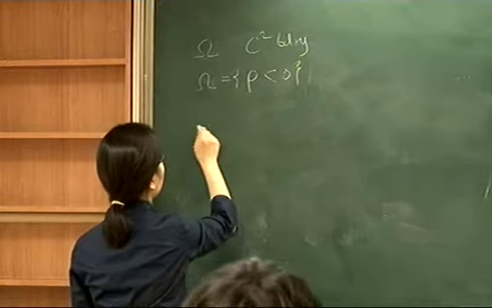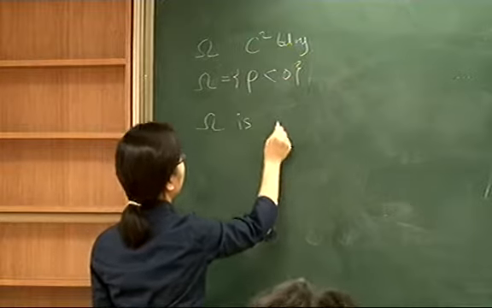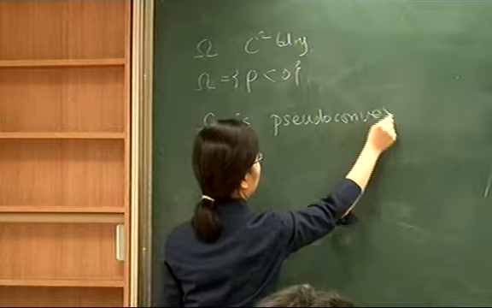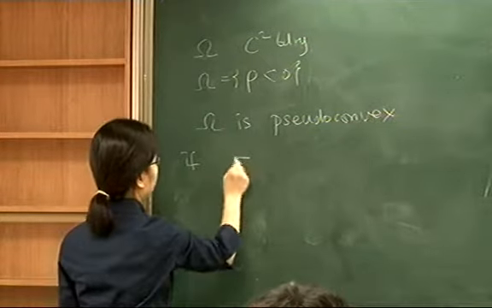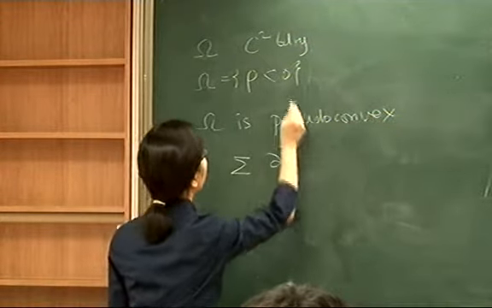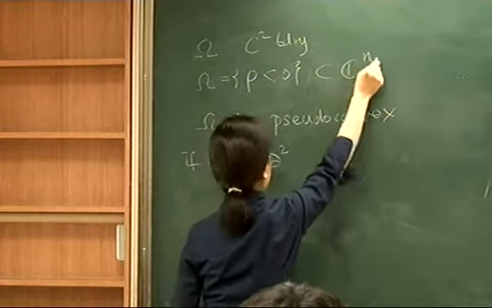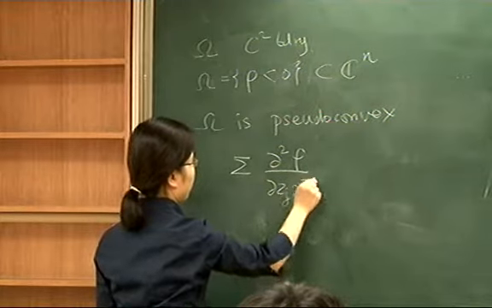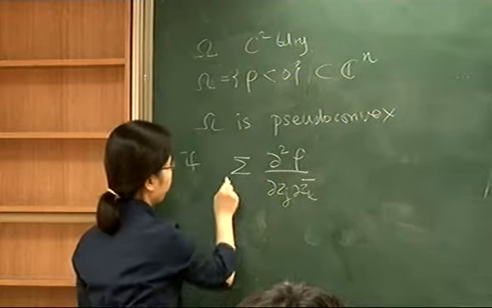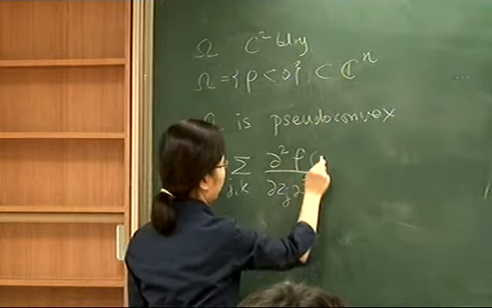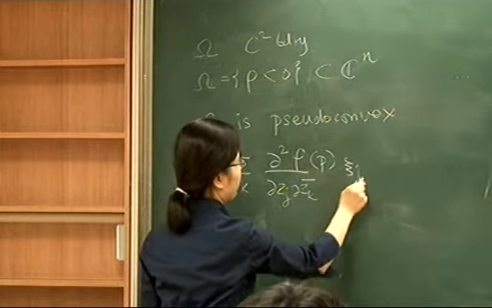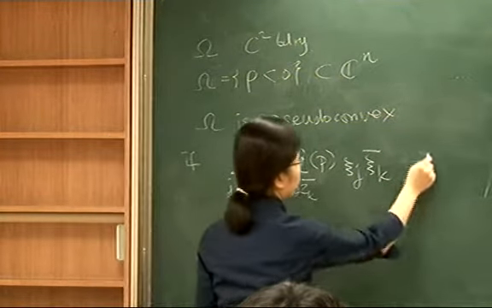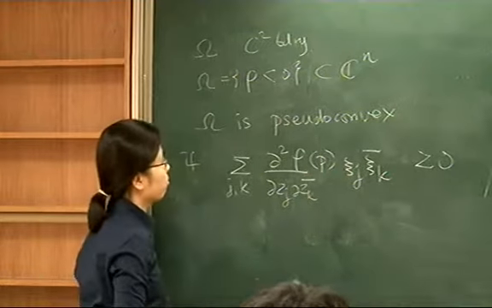Then we say omega is pseudo-convex if, when you take the complex Hessian in the complex tangential directions, then this must be greater than or equal to 0.